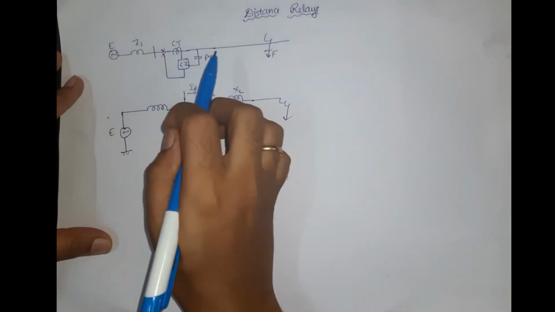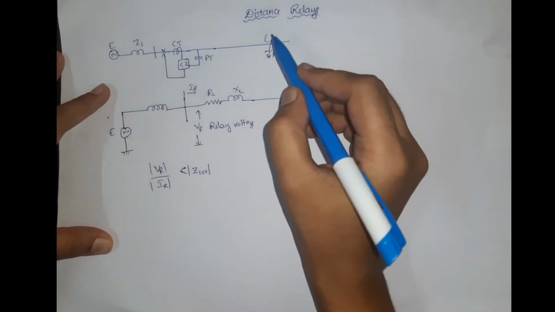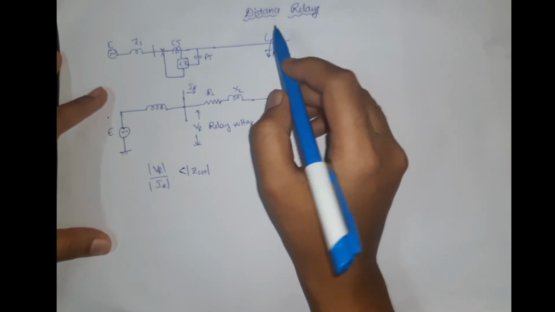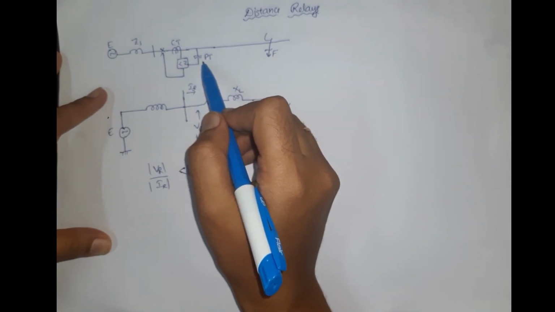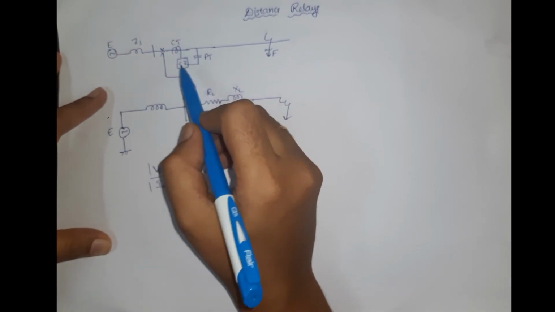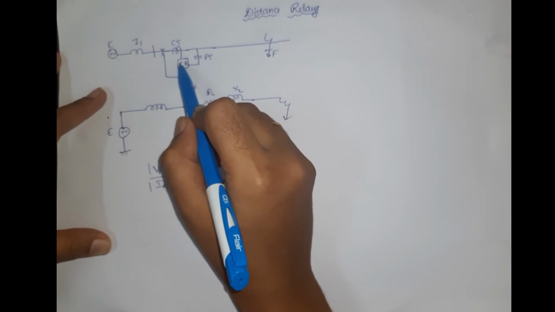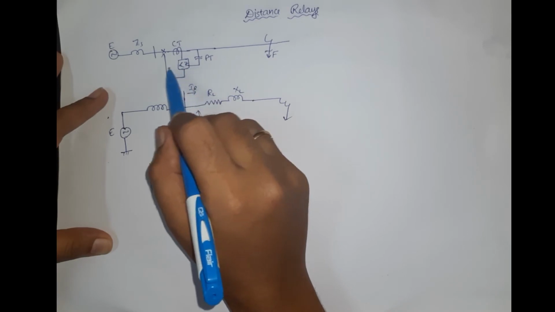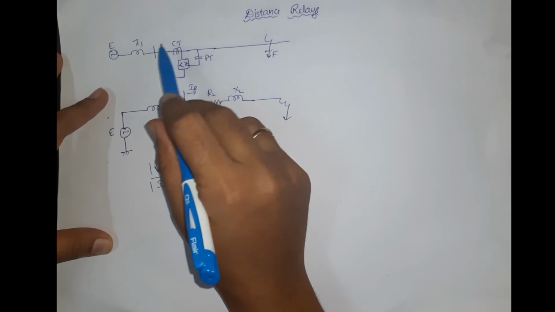Let us consider a transmission line with generated EMF E and source impedance ZS. Now let us assume that a fault has occurred at a certain instant. At that time, the CT is operating and the PT is operating. To overcome the limitation of the overcurrent relay, if we can operate a relay such that it detects the impedance of the transmission line, and if the impedance is below the Z set value, or below the set value of the relay, then it must operate.